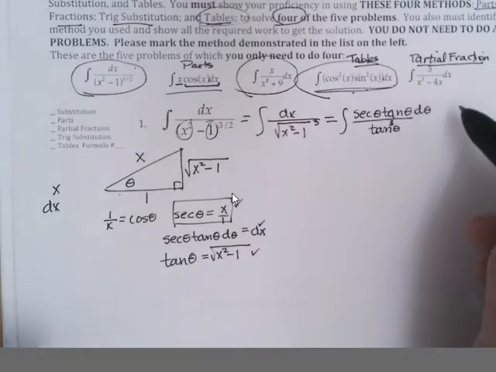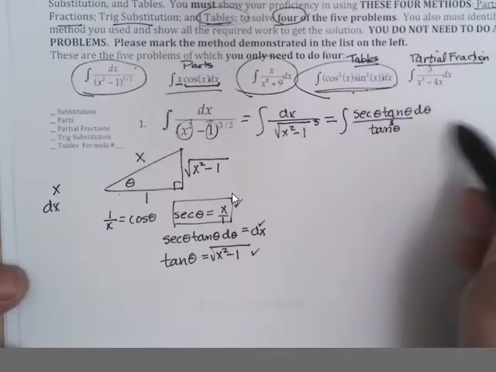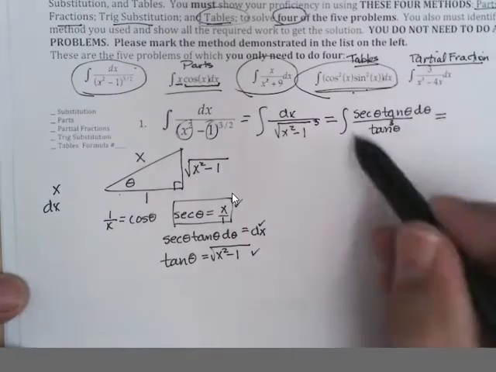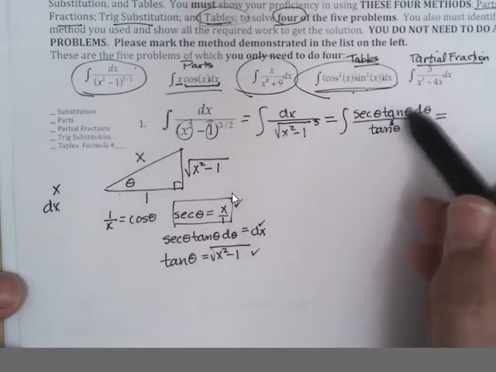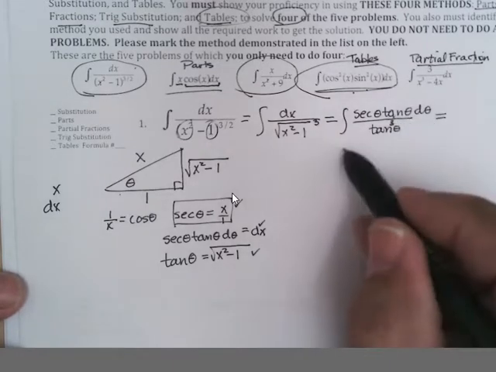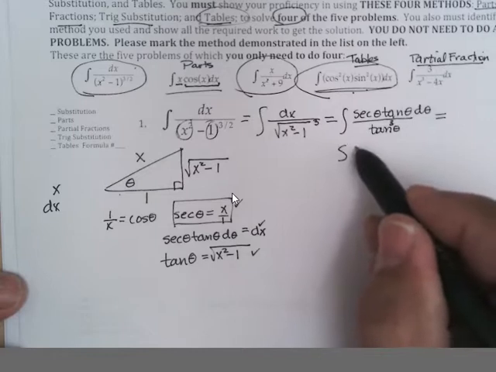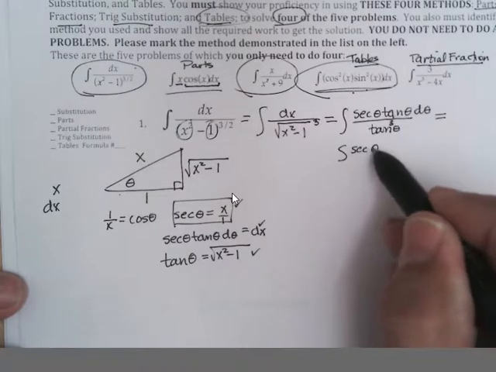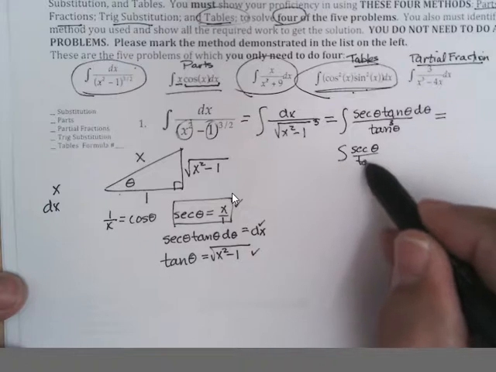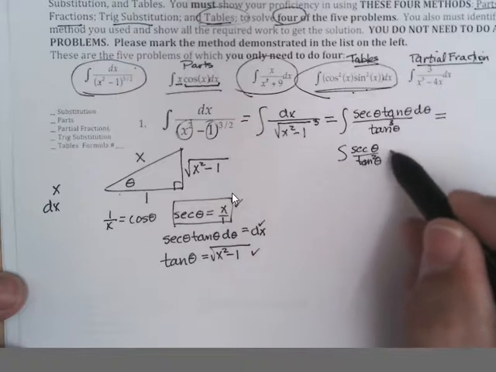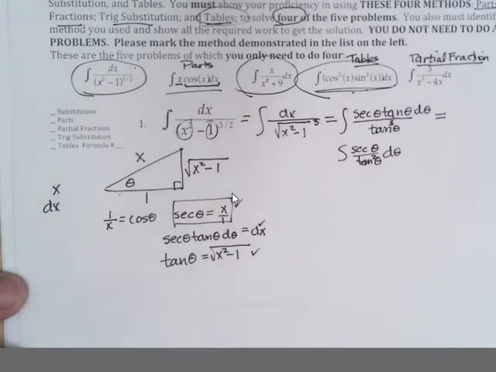Okay, so now I have to try to simplify this a little bit so that I can do some integration. So this tangent will cancel one of the tangents, and I'll have the integral of secant theta over tangent squared theta d theta.